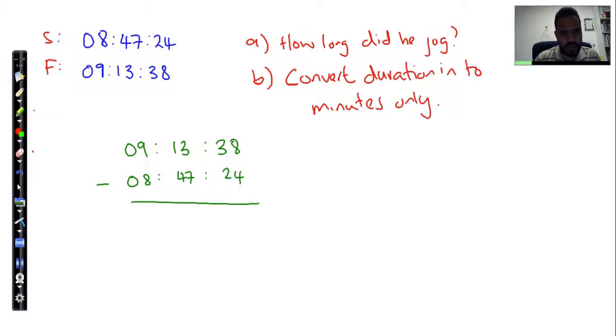Okay, and then we're going to try and work it out over there. So let's just draw a nice line across there. Remember that this is saying seconds, this is saying minutes, and this is saying hours.